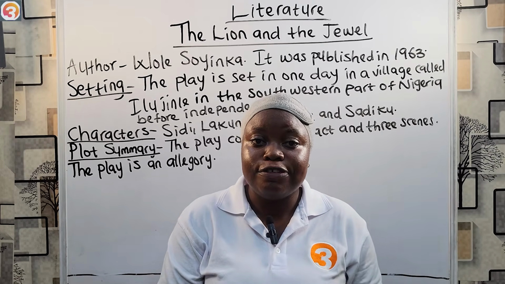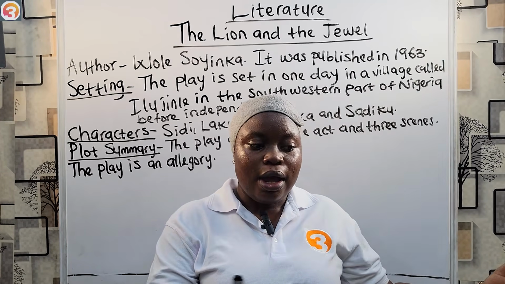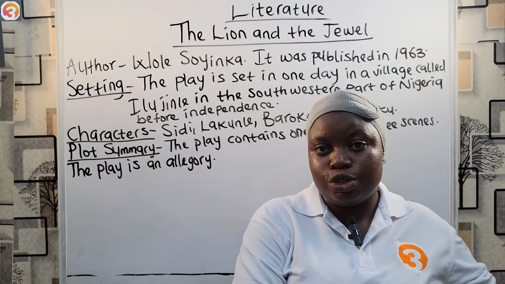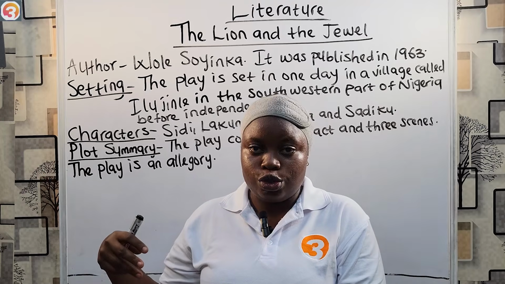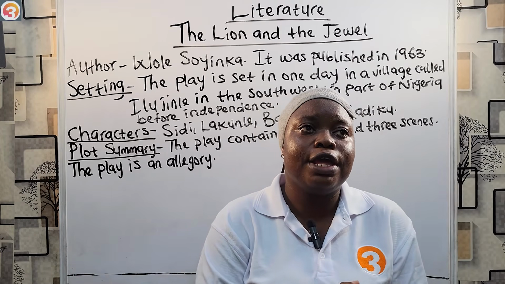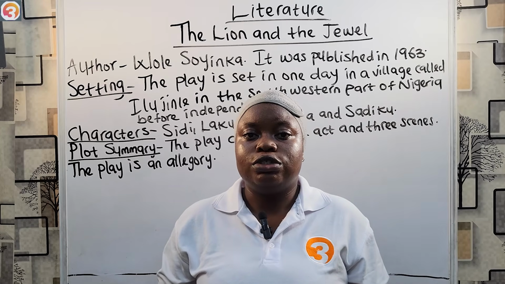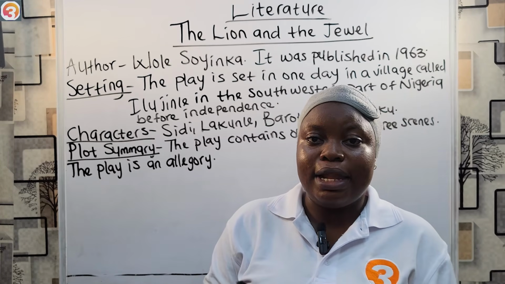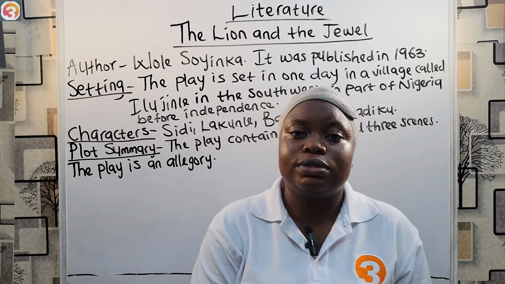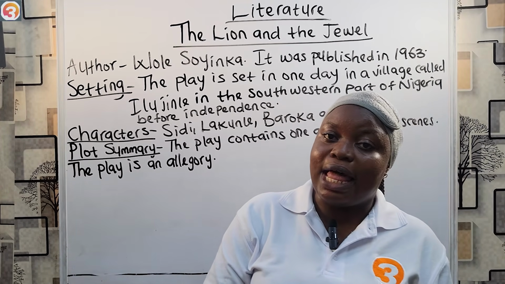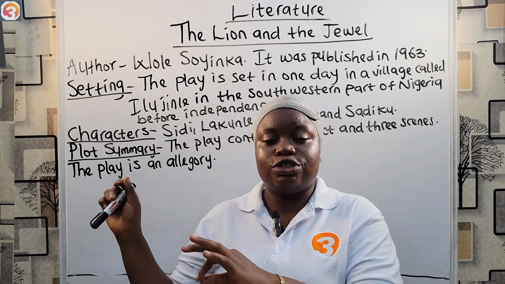And then we see the figurative meaning, where Sidi represents Nigeria, torn between her customs and traditions, which she's used to, while there's influence from foreign culture. So in the play, Lakunle approaches Sidi in a gentlemanly manner, which signifies modernity, while Baroka uses his knowledge of tradition and slyness, which represents tradition.